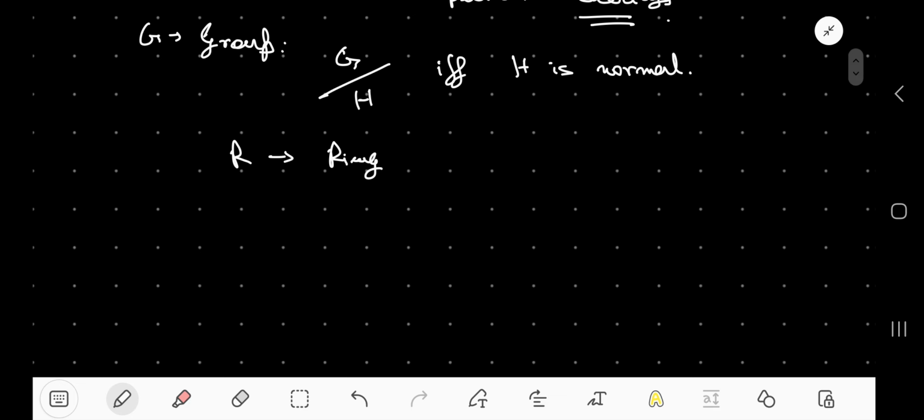If I talk about a ring R, then we know that this is an additive abelian group. So if I talk about any additive subgroup of R, let's say let I be an additive subgroup of R, subring of R, sorry. Yeah, in this way I can talk about a subgroup of R only, an additive subgroup of R.